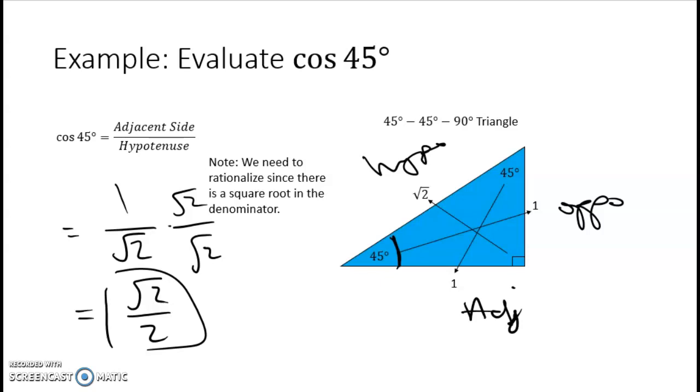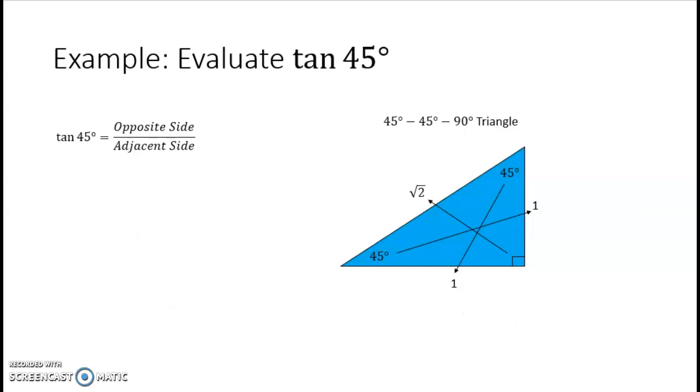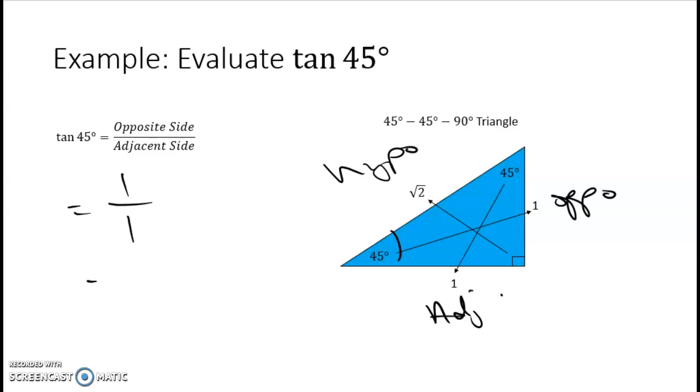Now notice both of these are the same exact answer, cosine of 45 and sine of 45, and we'll get to the reason why they're the exact same answer here in a minute. Tangent, again, we'll pick this one as our angle, so this is opposite, this is adjacent, and this is our hypotenuse. So I need opposite over adjacent, which will just give us 1.